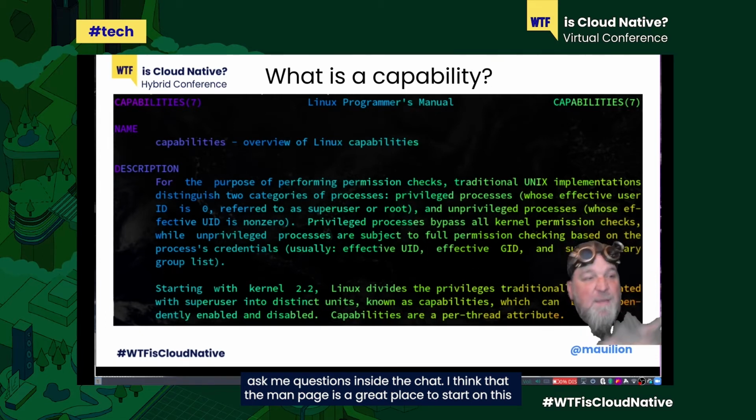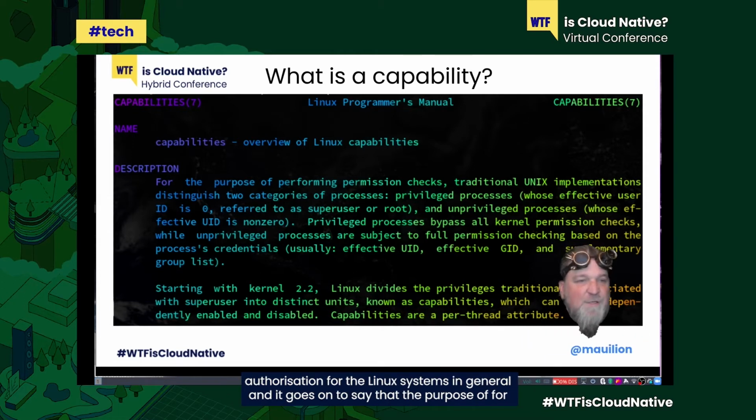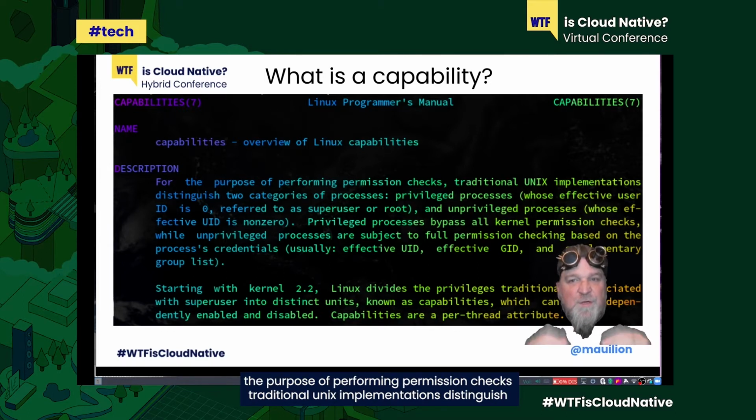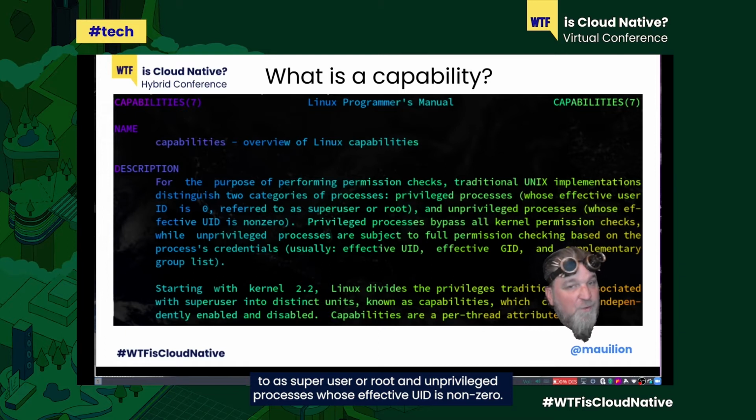I think that the man page is a great place to start on this particular subject. It actually has a really good overview of permissions, of authorization for the Linux systems in general. And it goes on to say that for the purpose of performing permission checks, traditional Unix implementations distinguish between 2 categories of processes: privileged processes, whose effective UID is 0, referred to as superuser or root, and unprivileged processes, whose effective UID is non-zero.